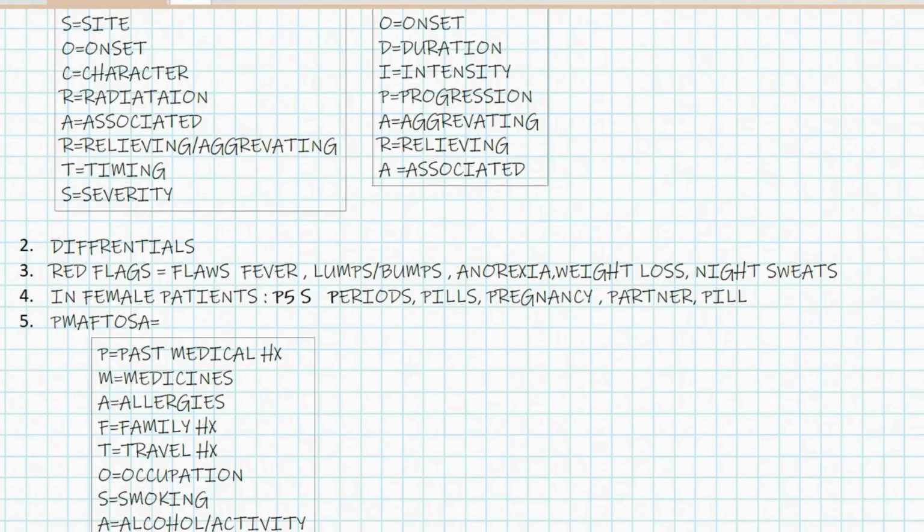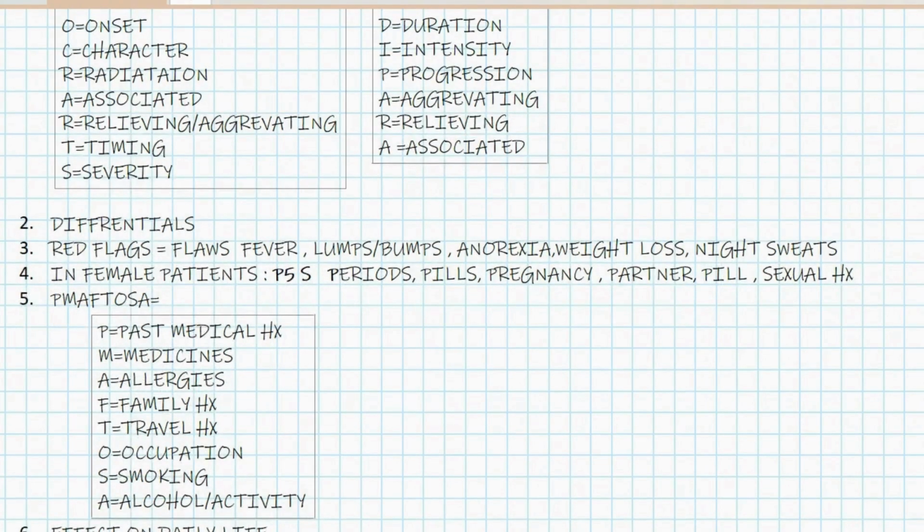Sometimes when there are conditions such as STIs, you have to keep it non-judgmental and neutral. You have to ask whether you have one partner or multiple partners. We will cover this in the gynae or sexually transmitted diseases section. Then ask about pap smear. When was your last cervical screening? Was it normal? Ask about sexual history.